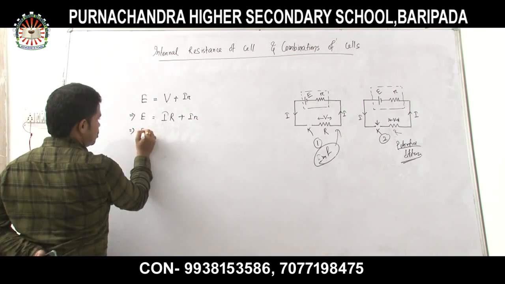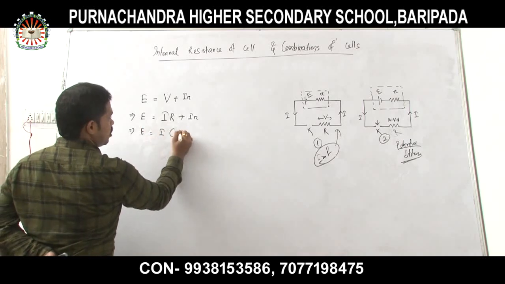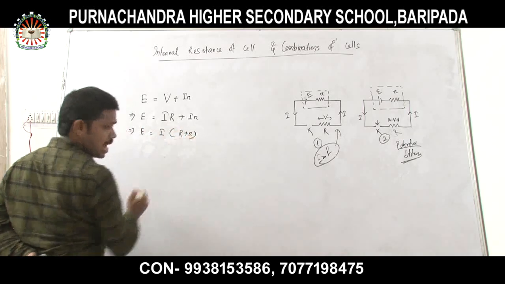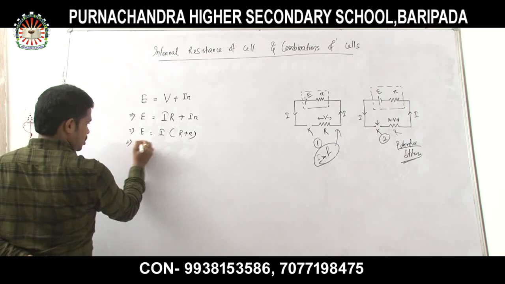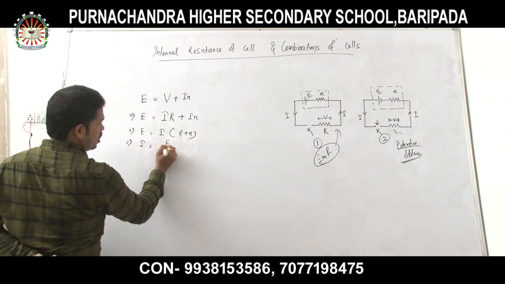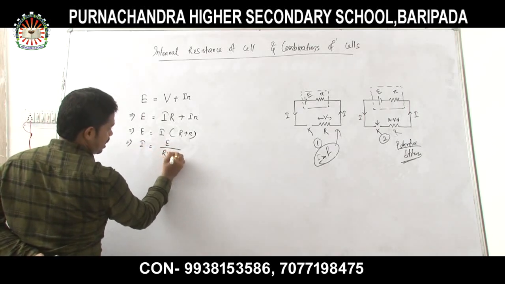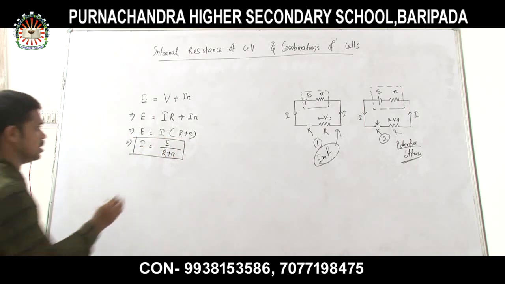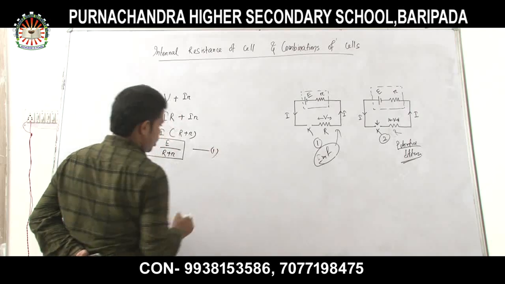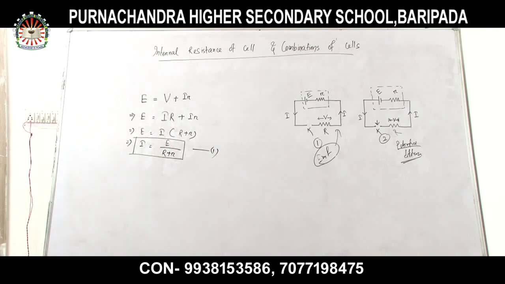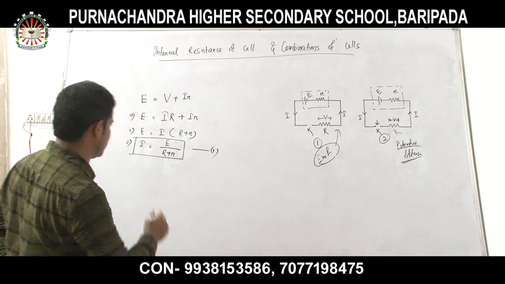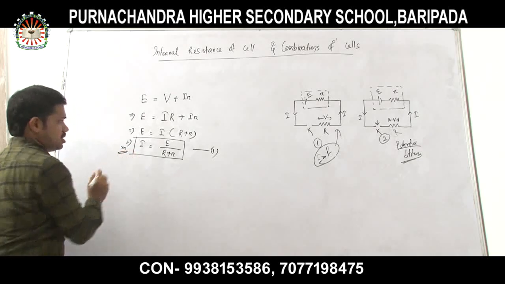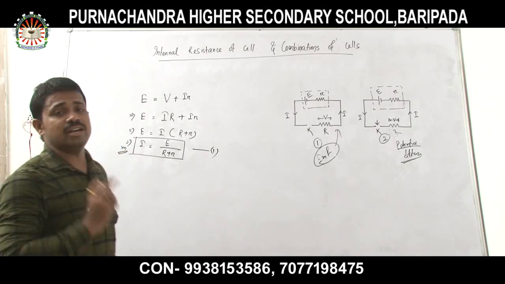So that implies E is equal to I whole into R plus r. Okay, so that implies I is equal to E divided by R plus r. Okay, so this equation, equation number 1, is called your circuit equation. Remember that equation is very important. This equation is called your circuit equation.